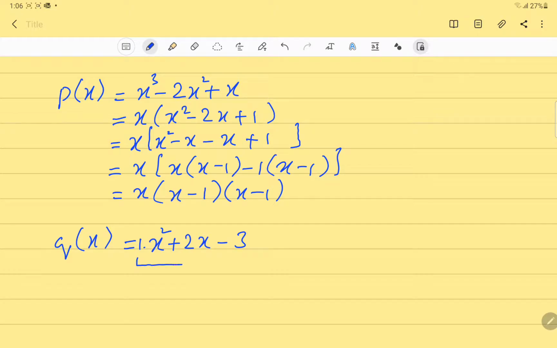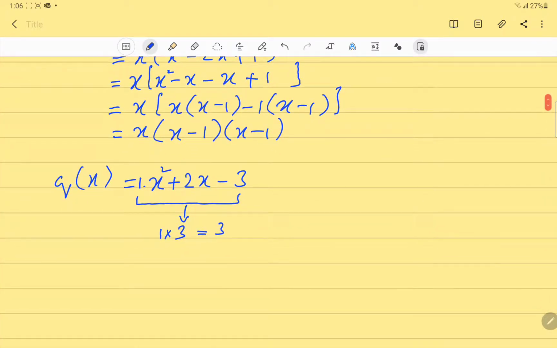So we multiply 1 with 3 and we are getting 3. In the case of 3, this is the only possible pair of factors. So now we will see if we subtract or add these two factors, can we get 2x or not. Yes, if we subtract 1 from 3, we are getting 2. So 2x can be written as 3x minus x.